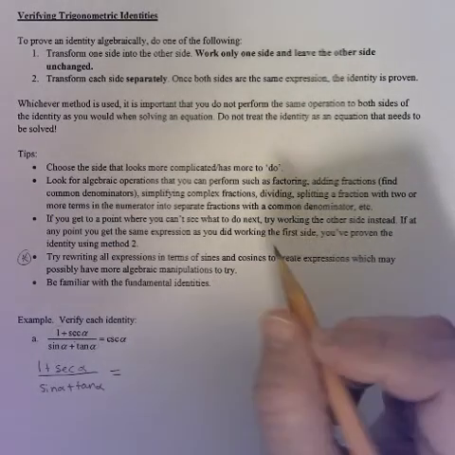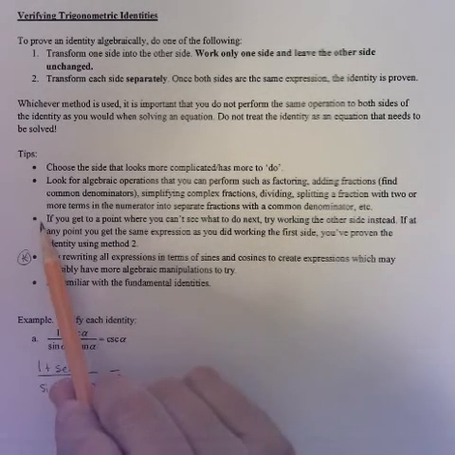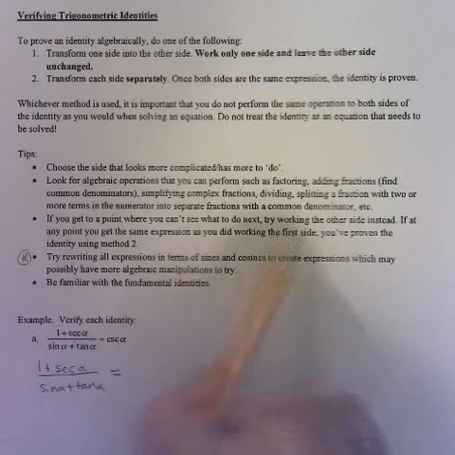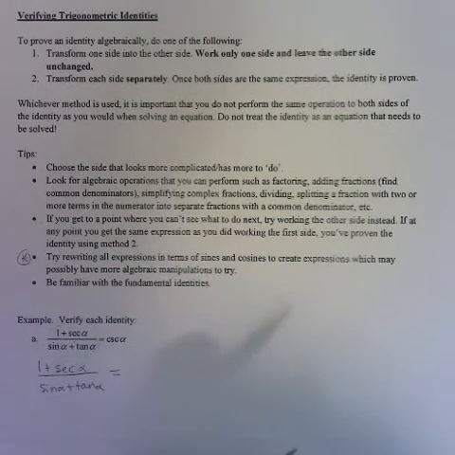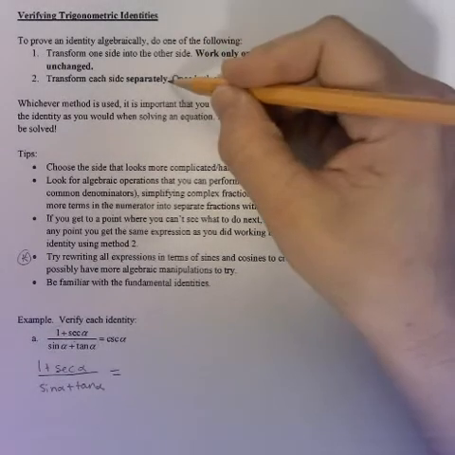And then this third bullet here: if you ever get stuck on one side, it's okay to stop and then try the other side. If you work this side, you get to a point, then you work the other side, and all of a sudden you get the same expression where you stopped, then you've actually proven the identity, and that would be by using method 2.